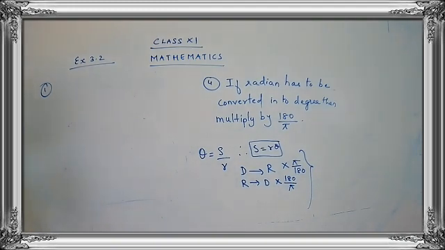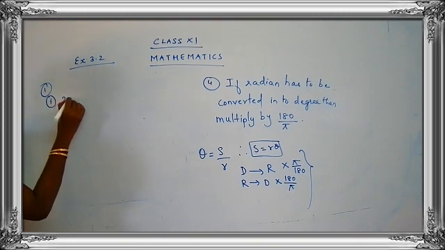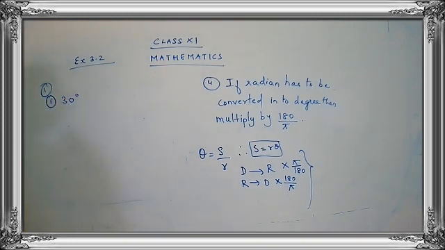What is the first question? Yes. The first one is 30 degree. So now here the angle is given in terms of degree, and what is the question? They are asking you to change this degree in terms of radians. You are going to convert degree in terms of radians.